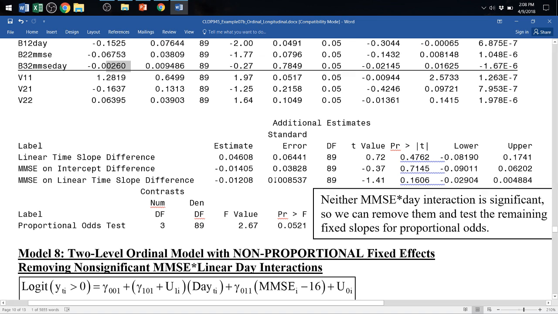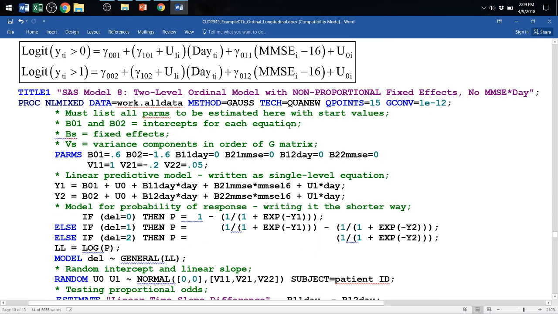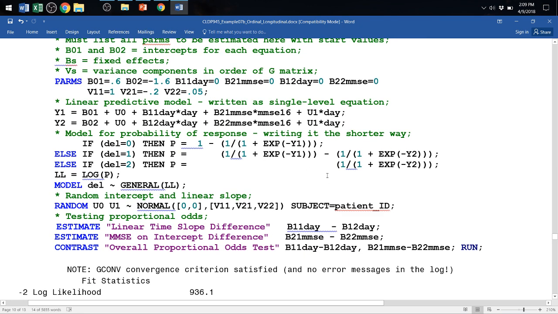What I did note, though, is that neither submodel looked like it had a significant p-value for the interaction of MMSE by day. And that was true in the model where it was combined across the two submodels. So I think that interaction term can go, and we'll redo it. So I dropped the interaction term from each submodel. Now I only have a linear slope for day and a main effect of MMSE.